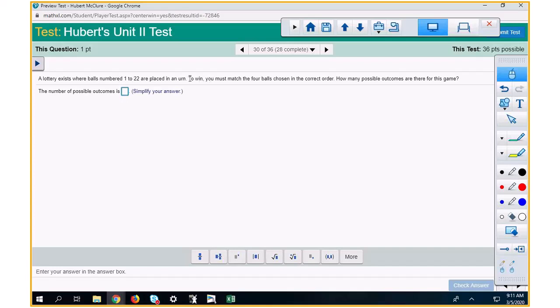To win, okay, there it is. So you must match the 4 balls chosen in the correct order. So 1 over, somebody give me that. I disagree with this question. This shouldn't say possible outcomes. It should say the probability of winning is. Possible outcomes is the denominator. Does everybody understand what I'm saying?